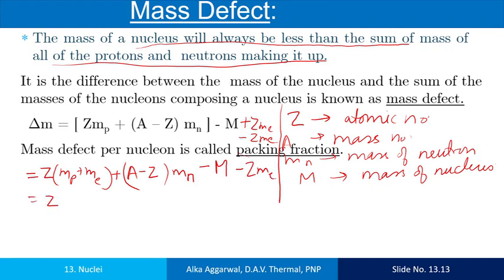One proton and one electron together make only the hydrogen atom. So it is the mass of a hydrogen atom.